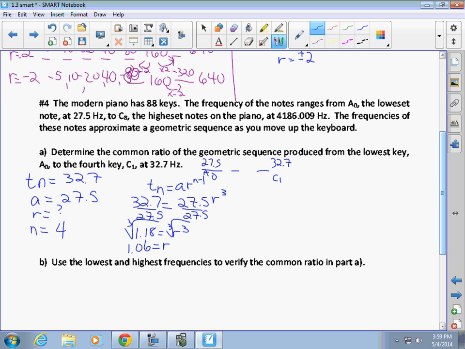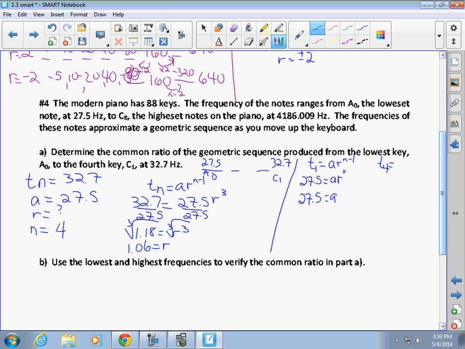If you wanted to do this as the ratio one like I did there, then you would set each one separately. So you have T1 is equal to ar to the n minus 1, so that would be 27.5 is equal to ar to the 1 minus 1, which is 0, so 27.5 is equal to a.